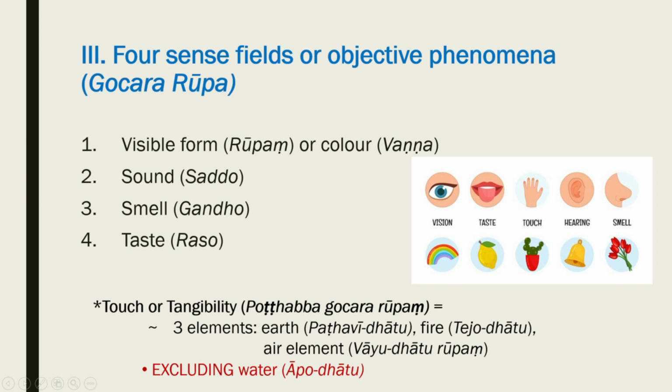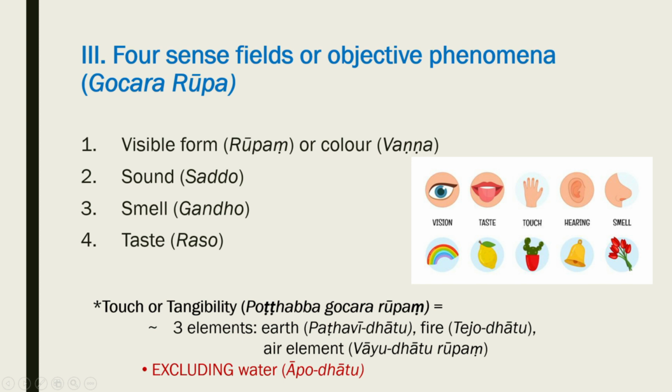Of the 4 Mahabhutas, you can't touch all four. You can only touch earth, fire, and air. When it comes to the water element, you can only feel hot and cold.